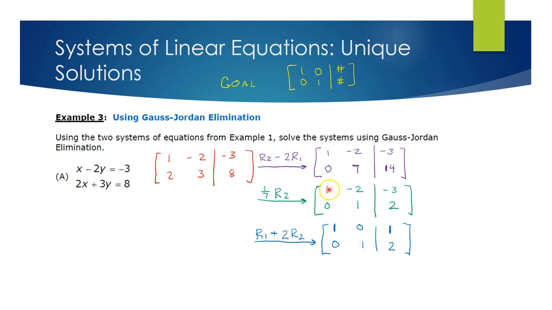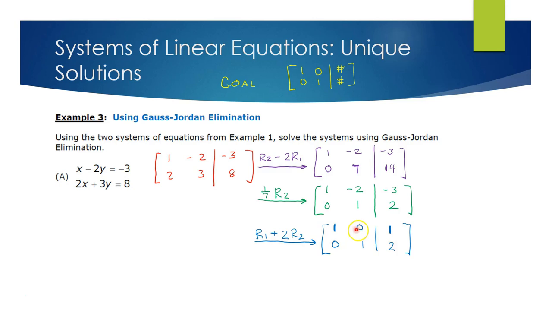So if I take 1 plus 2 times 0, I'm still going to end up with 1. Good, that's unchanged. I don't want that to change. If I take -2 and add 2 times this, well, I'm going to get that 0. Well, that's what I wanted there. -3 plus 2 times 2, well, 2 times 2 is 4, so -3 plus 4 is 1.